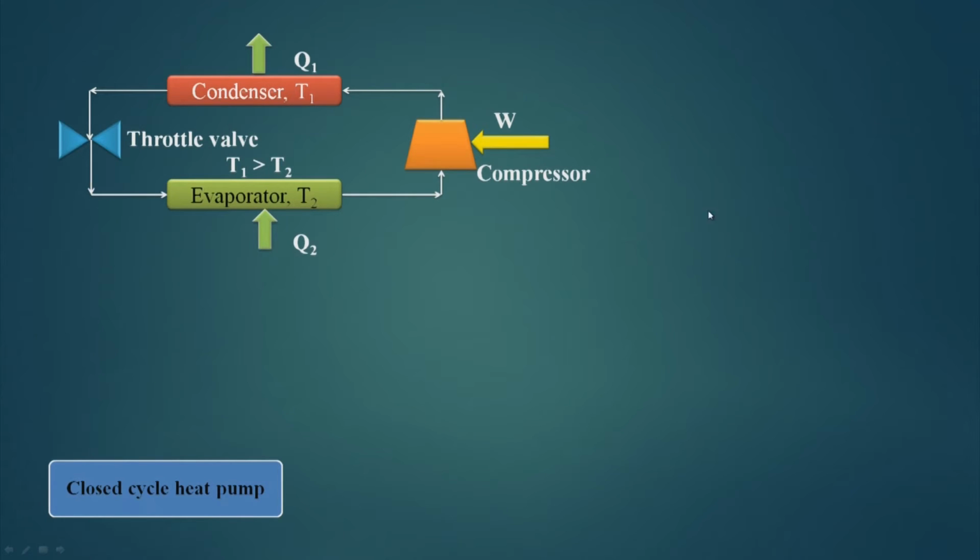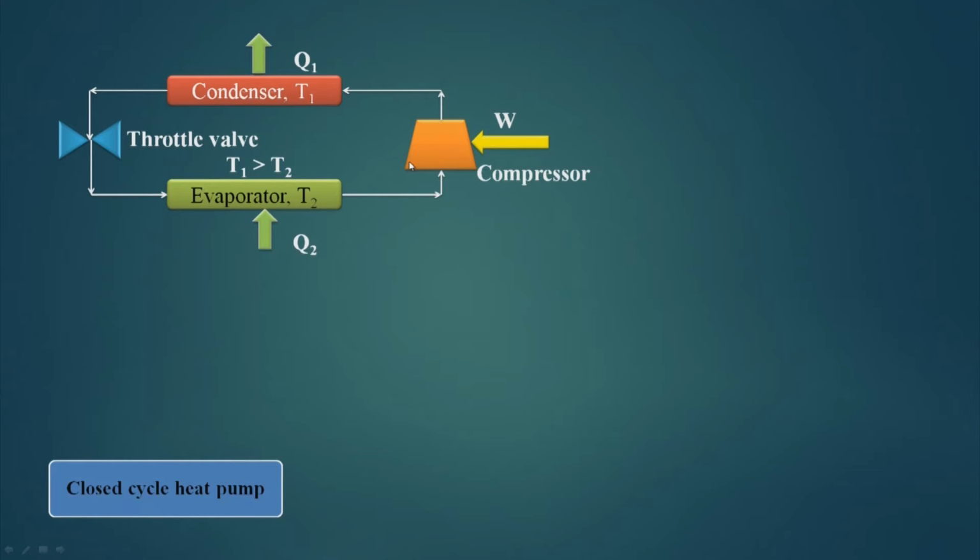Now, this shows the diagram of a closed cycle heat pump. This is the evaporator where heat is picked up, and the amount of heat which is picked up is Q2, and in this evaporator a refrigerant evaporates and we get refrigerant vapor here.